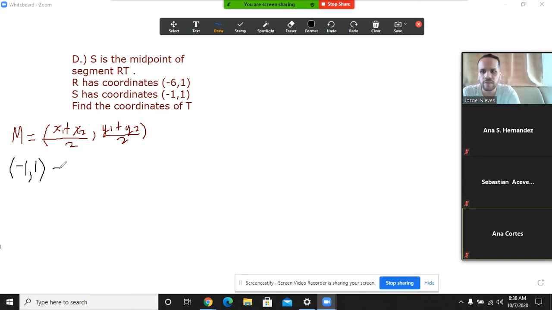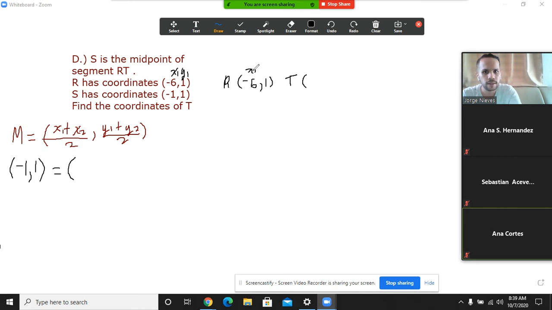What other piece of information do I have? ¿Quién me dice rapidito? Tengo que I got R, ¿verdad? ¿Quién es R realmente? Ya le dije cómo se hace. R sería X1 and Y1. Usted siempre va a hacerlo así, ¿verdad? R que es una parte del segmento que son la coordenada de R es -6 y 1. ¿Quién me falta, mi gente?